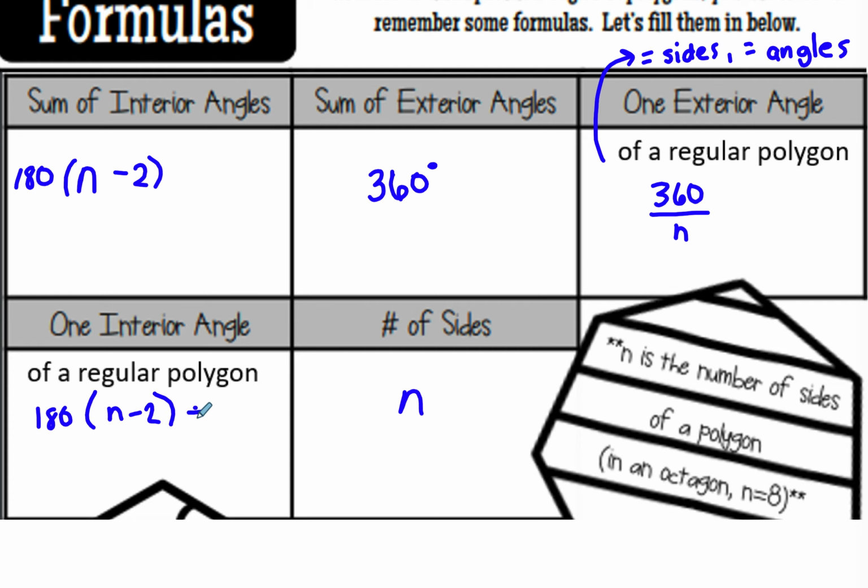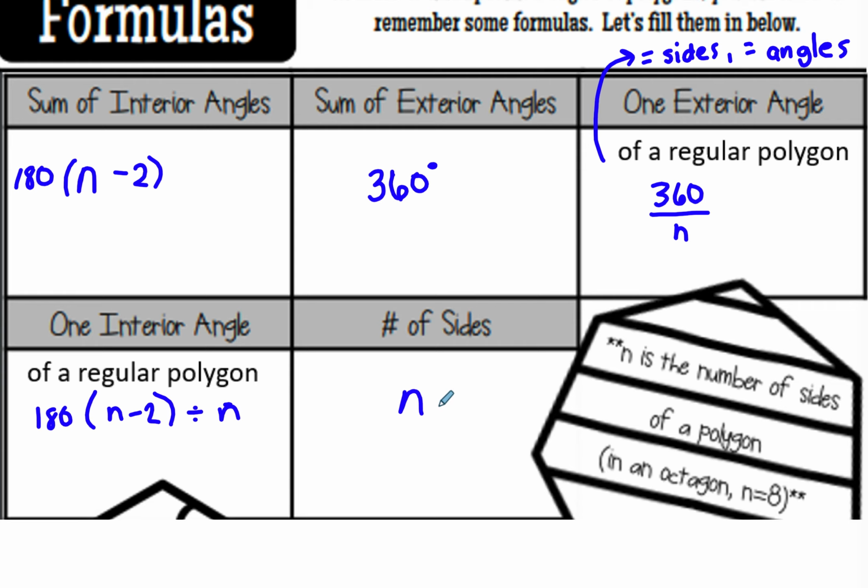And once we've figured that out, we're going to divide by n. So if it was an equilateral triangle, I would subtract 2 from my number of sides to get 1, times 180 tells me there are 180 degrees in a triangle, which I know. And then I would take that divided by 3 to get my 60 degrees in each angle. So you find the amount of degrees total, and then you divide by the number of angles.